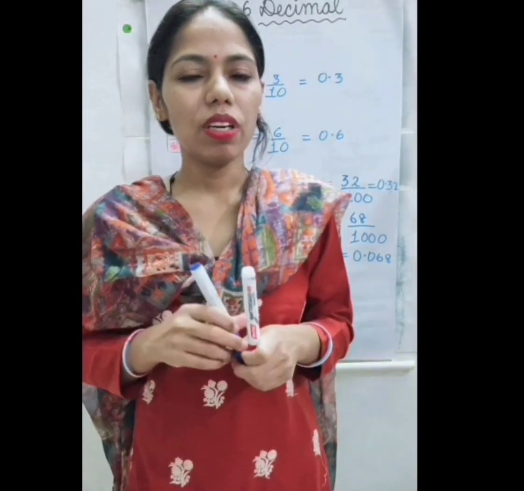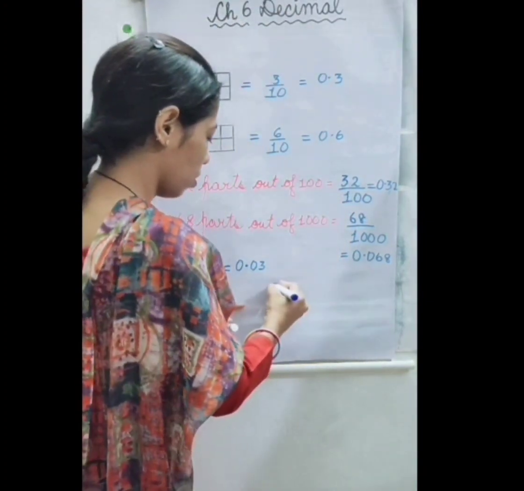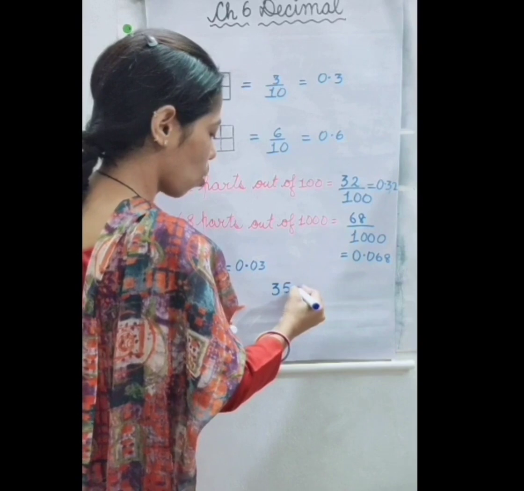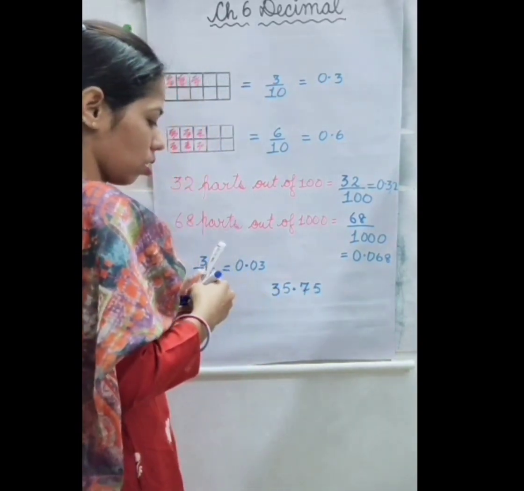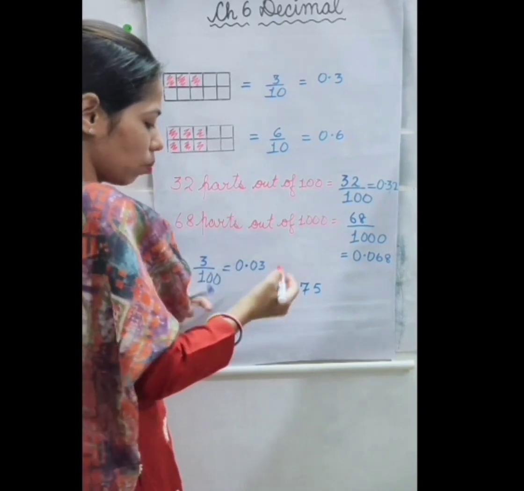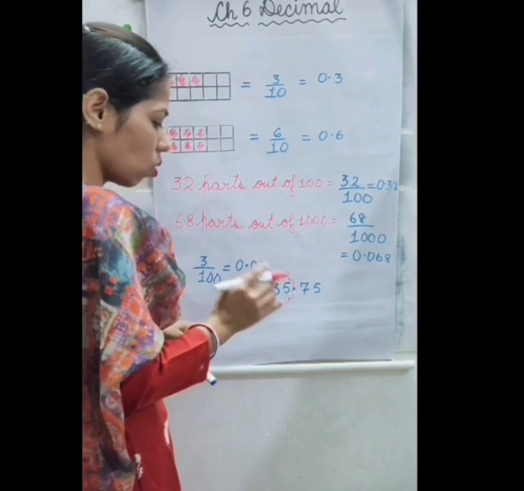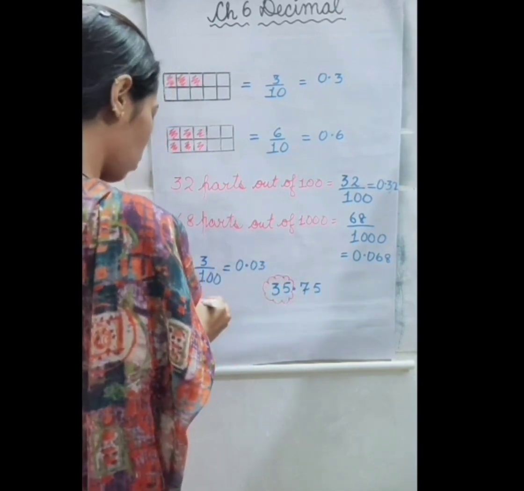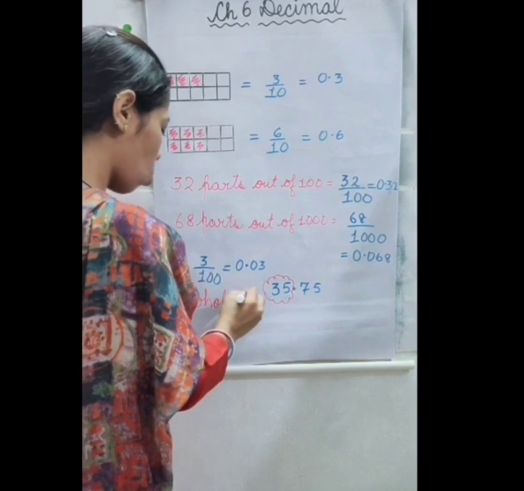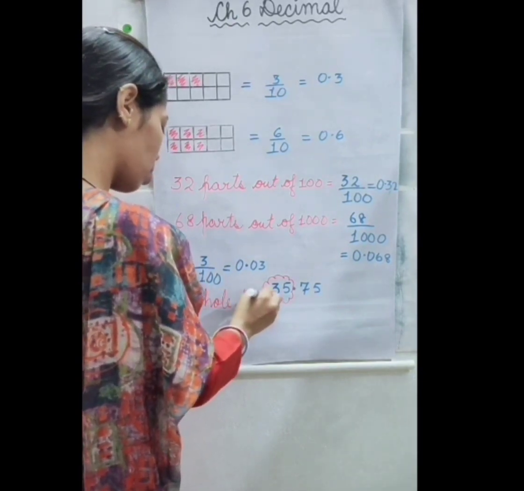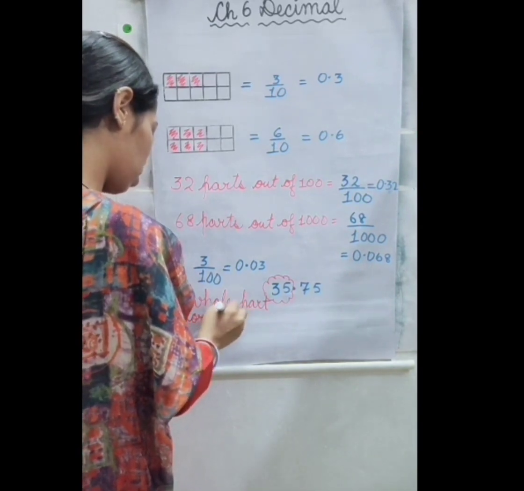In a decimal number there are 2 parts. Take 35.75. The decimal number is made up of 2 parts. One is called the whole part or integral part. This 35 we can say is the whole part, meaning the complete part or integral part.